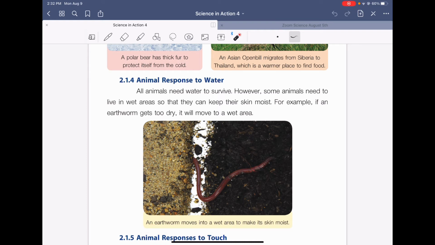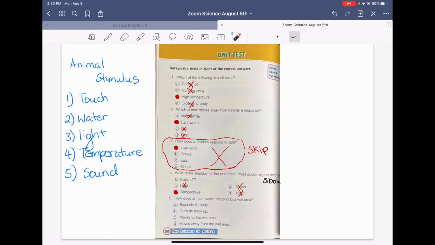It likes wet area. So, it's not expand its body. It's not curls its body up. It's not moves away. It moves to the wet area. Earthworm likes water. Very good.